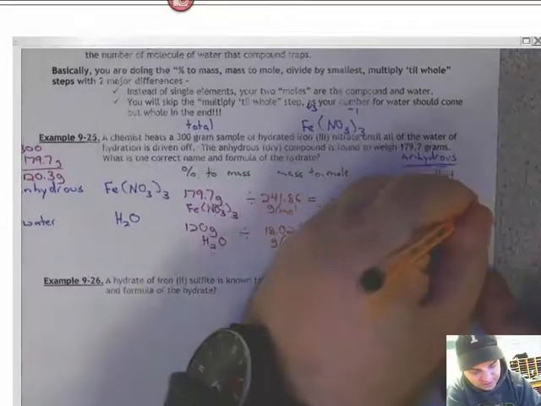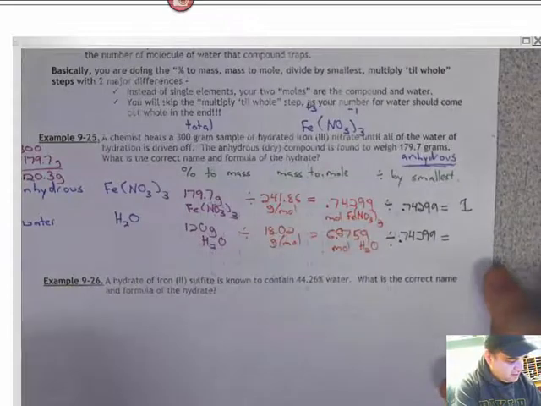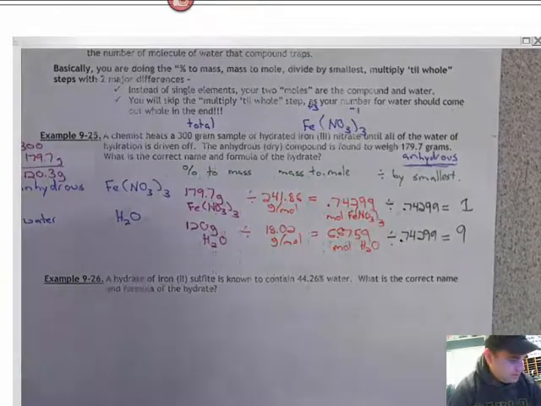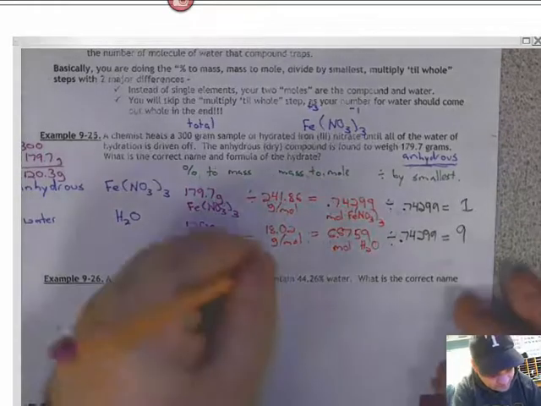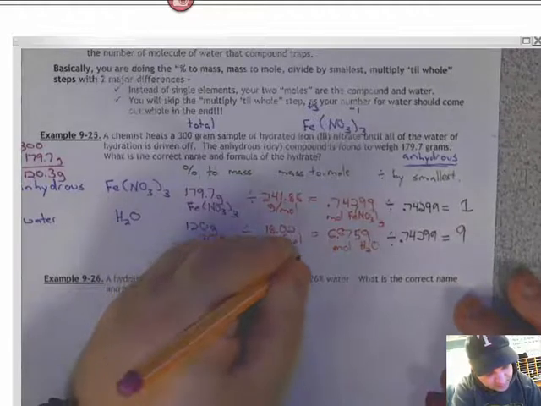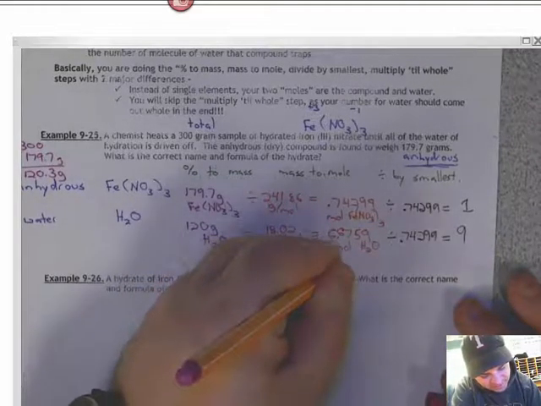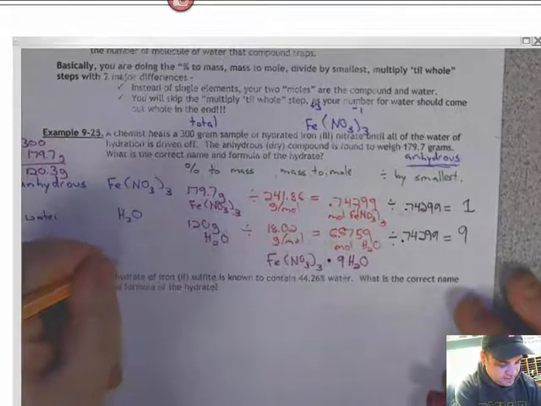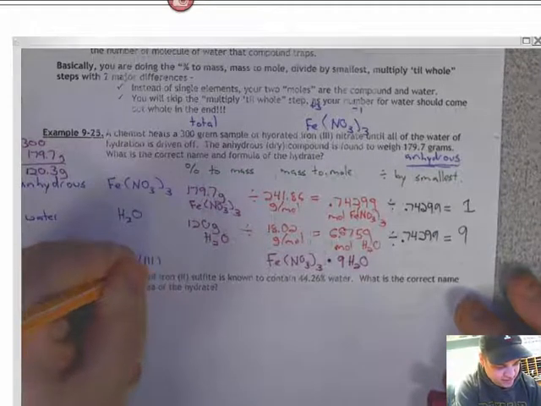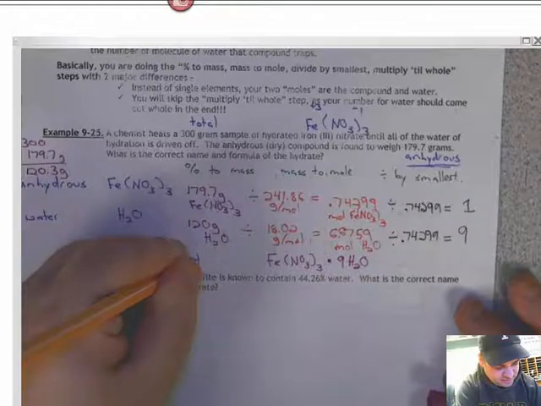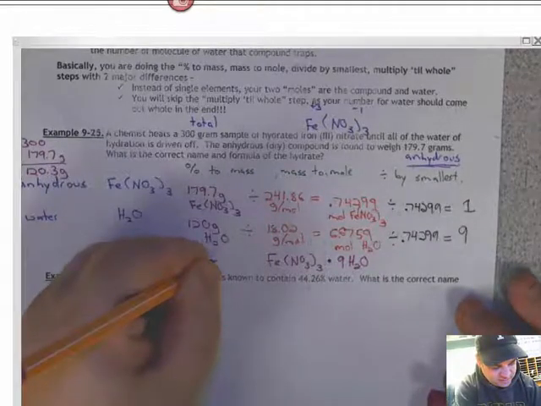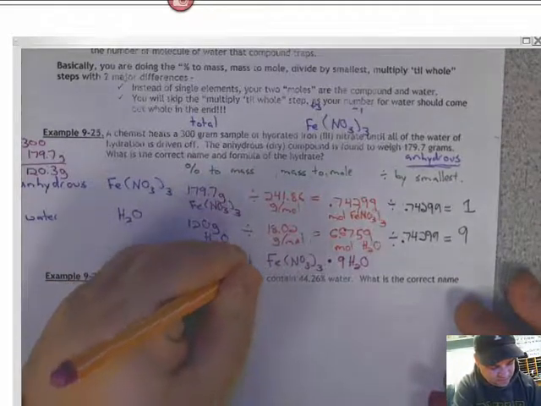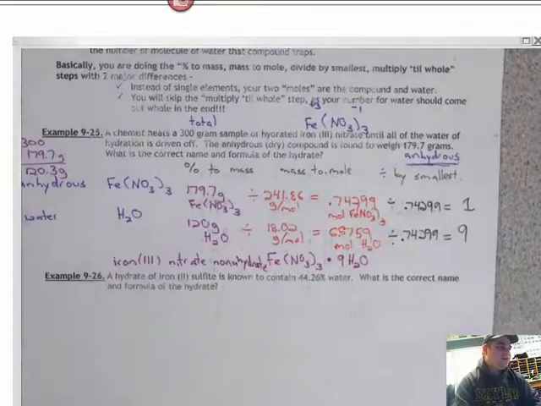You end up getting 1 here, and you get close to 9 here, which means our formula for this one is Fe(NO3)3 dot 9 waters, which you would call iron 3 nitrate nonahydrate. That would be the name of that compound.